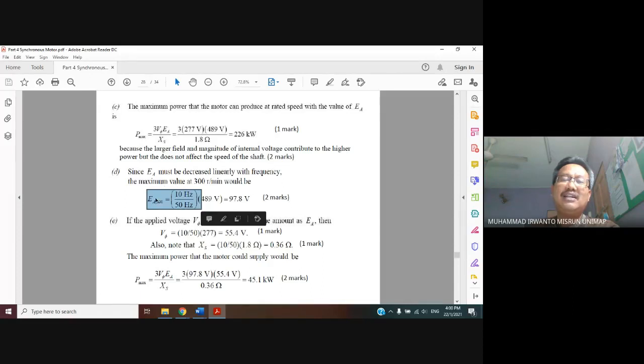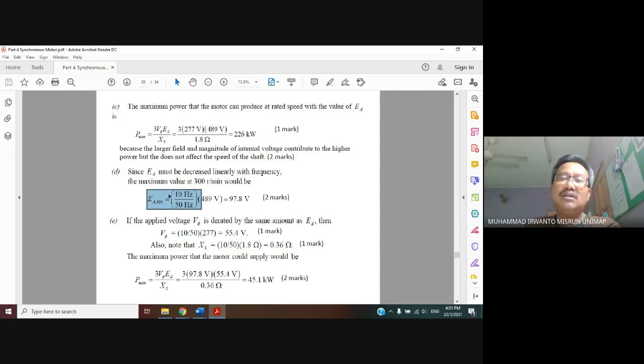So we can write that the internal generated voltage at 300 RPM is equal to the frequency at 300 RPM divided by the frequency at 1500 RPM, multiplied by the internal generated voltage at 1500 RPM.